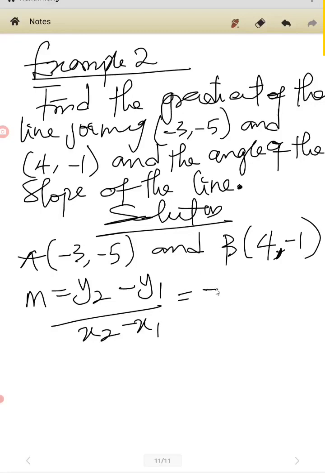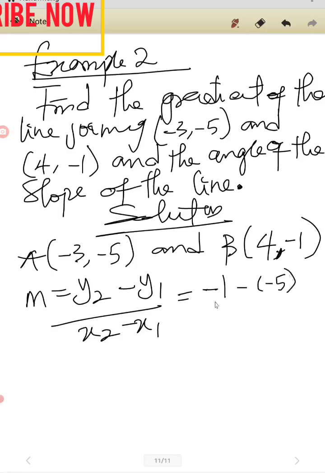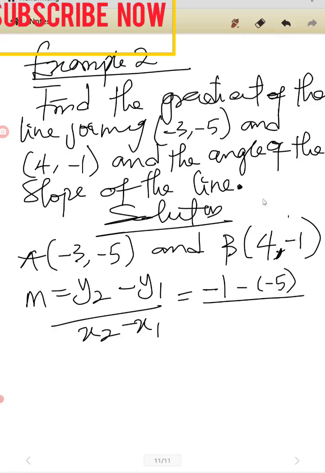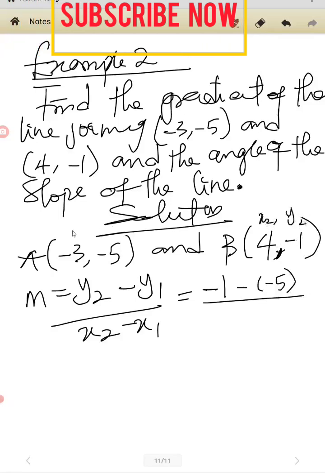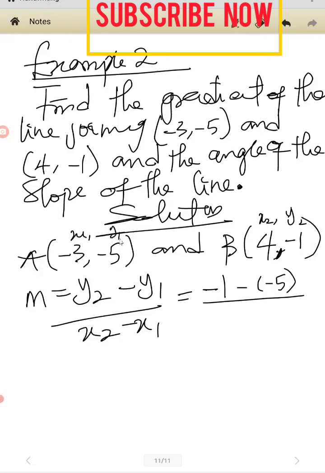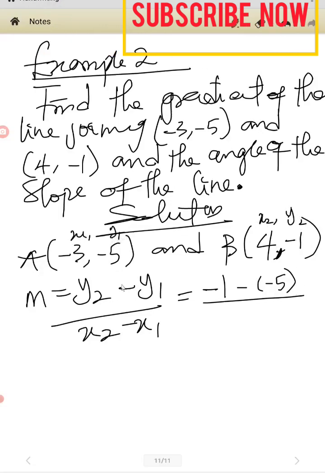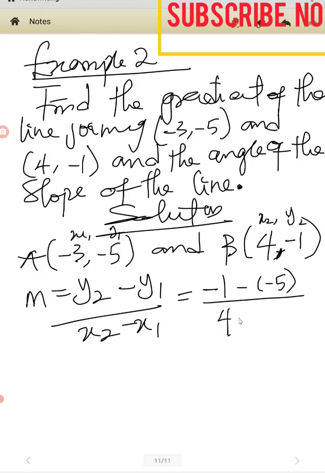You just have -1 minus -5 over, because this is x2, y2, x1, y1, our x2 now is 4 minus -3.